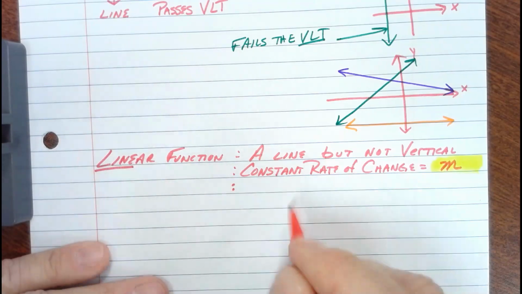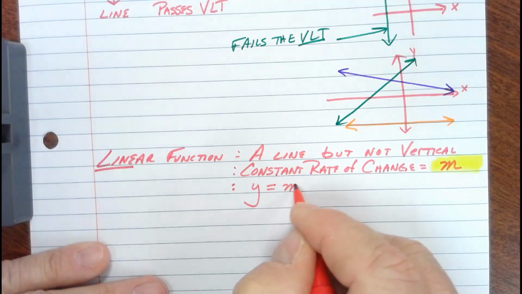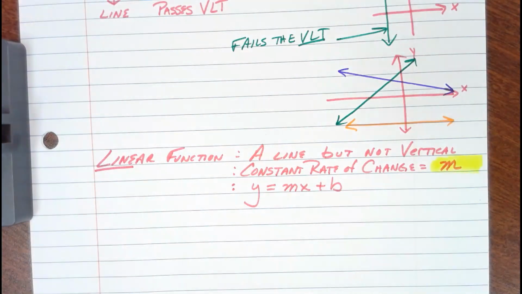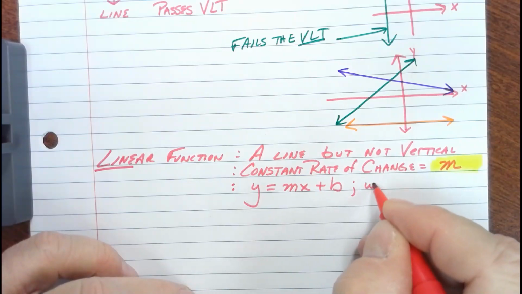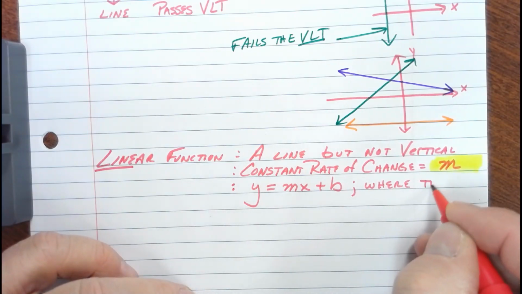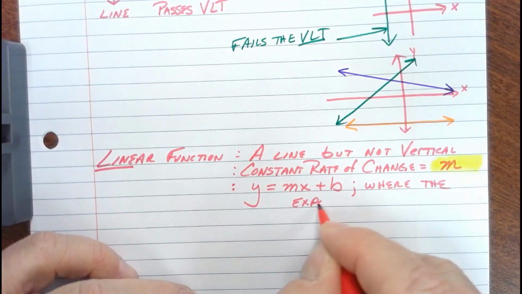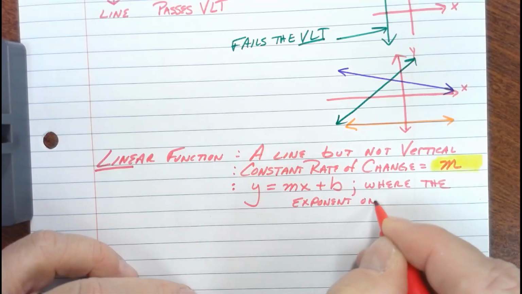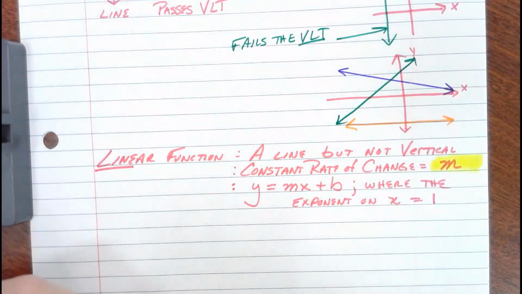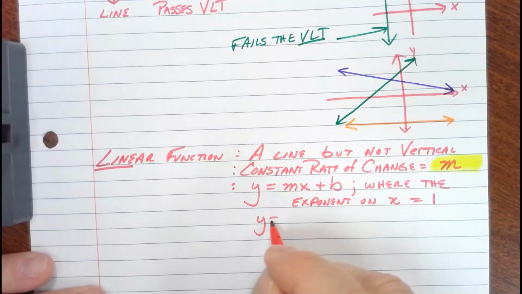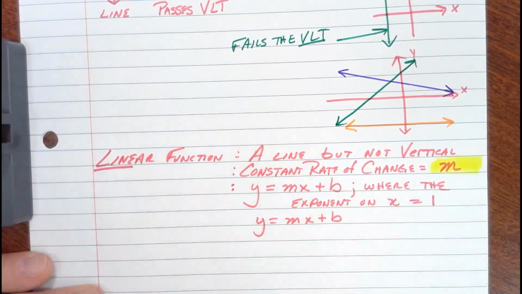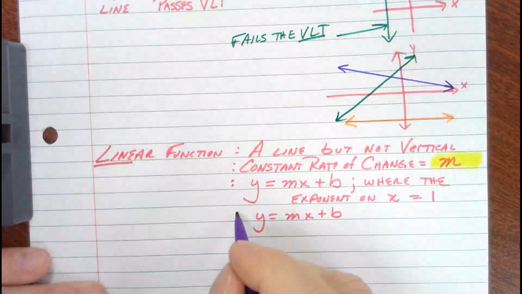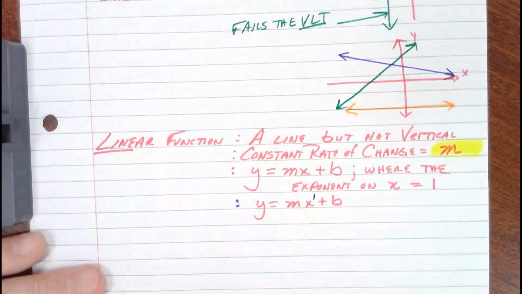These lines all can be written in the form of y equals mx plus b, where the exponent on x is equal to 1. That is a 1 right there.